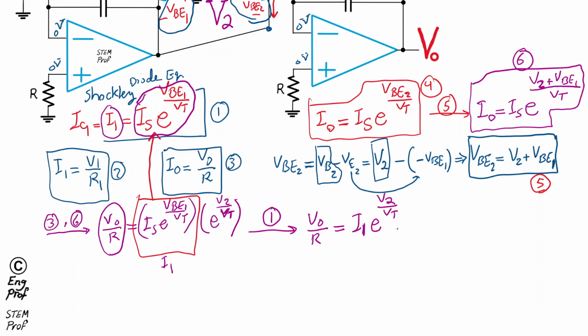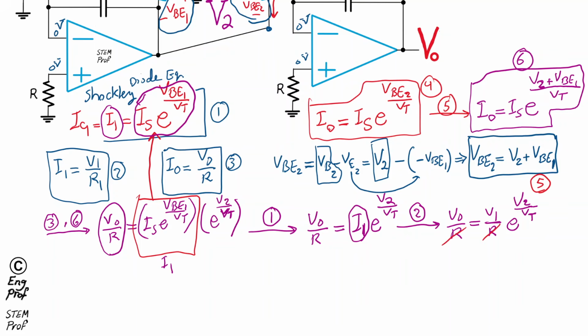Okay, so the only thing I need to do now is use equation 2 to substitute I1. So next step, use equation 2, substitute I1. So V out over R equal to V1 over R times e to the power V2 divided by V thermal. And that's the end of the plan.